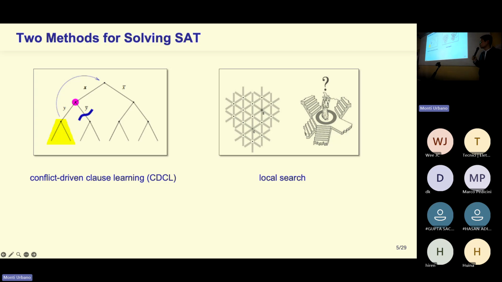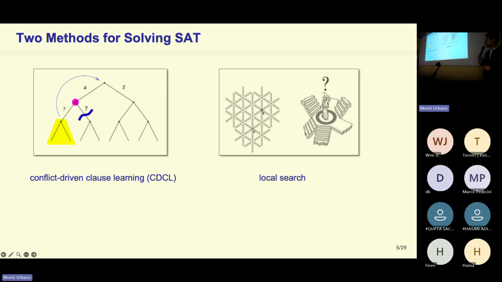Then there are two popular methods for solving SAT. One is called conflict-driven clause learning, usually we name it CDCL, and the other is stochastic local search. Roughly speaking, we can say that CDCL is a complete method, as eventually it will prove whether there is a solution or not, given sufficient time, but the time may be very long.